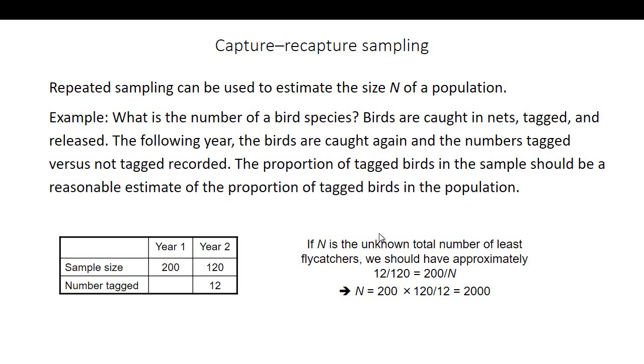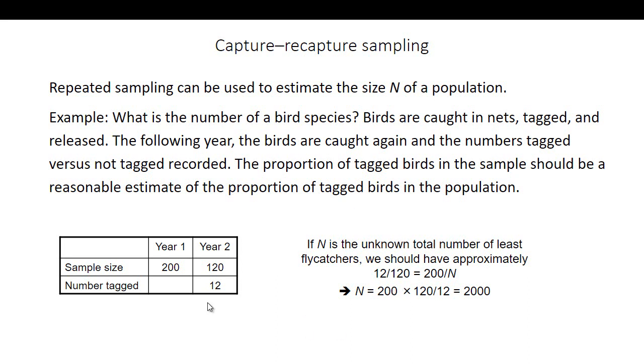So let's say capital N is the total number of birds in a specific geographical area where we did this study. And so the proportion of tagged birds we see in the second year in the sample should be about the same as the proportion of tagged birds in the entire population.